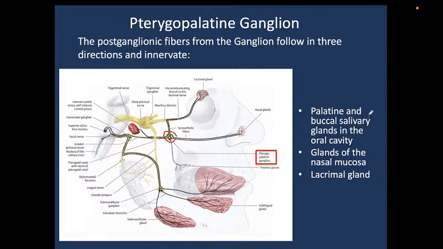As I said, this ganglion is responsible for innervation of palatine and buccal salivary glands, glands of nasal mucosa, and lacrimal glands. Actually the lacrimal gland is not small, but it does not have a big size, and all of these glands are located in the orbit, nasal cavity, and oral cavity.